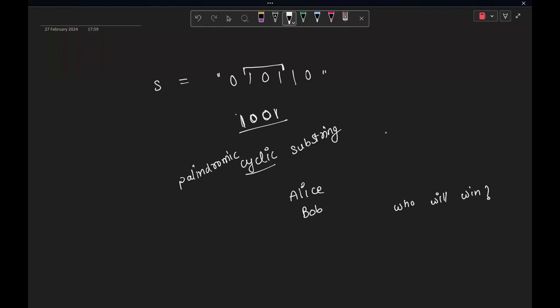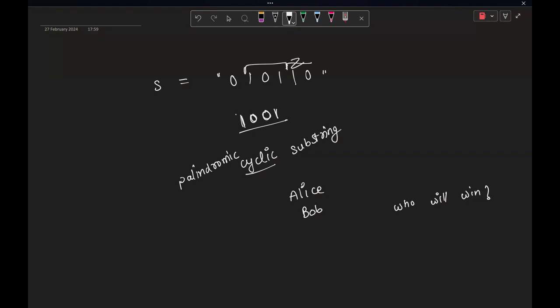Excuse me, how can a two character string be a palindromic cyclic substring? Like, it is given that the length should be greater than one, but that will include two, right? Over here you're considering three characters for your substring, like 1, 0, and 1, the middle one.